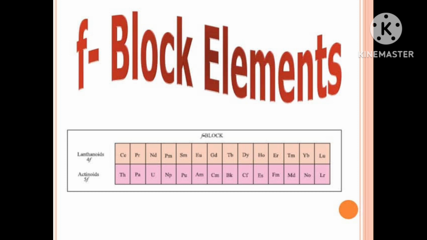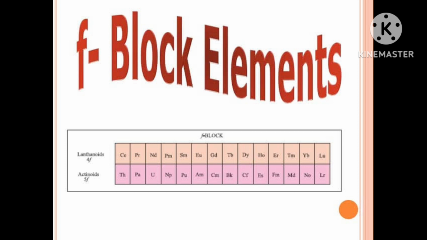This happens with increase in nuclear charge along the series. There is a fairly regular decrease in size with increasing atomic number. The cumulative effect of this contraction in the lanthanoid series is known as lanthanoid contraction.